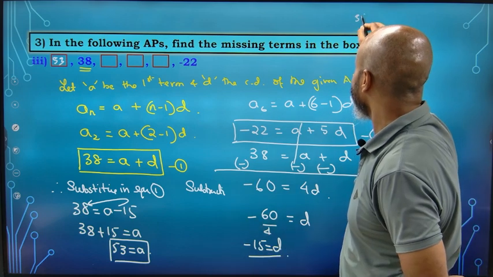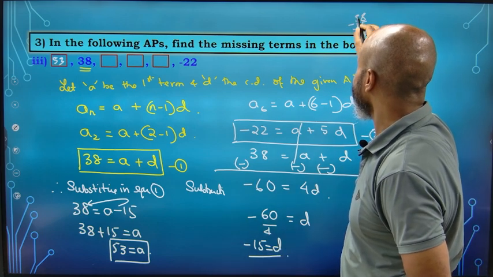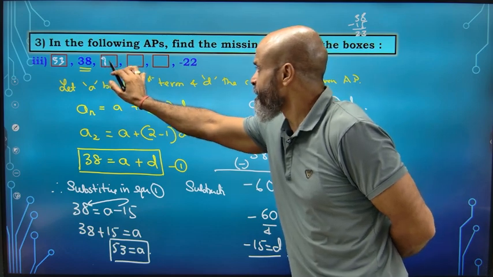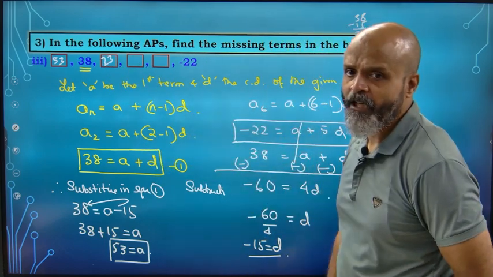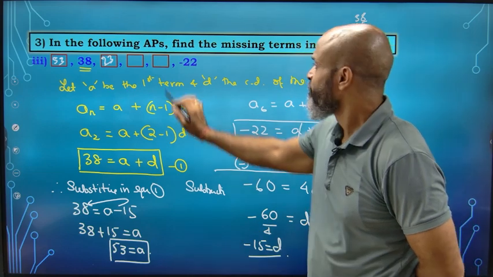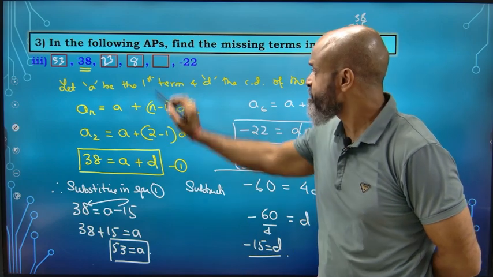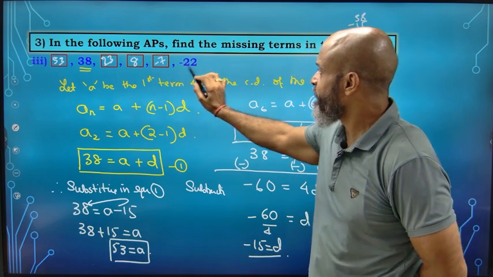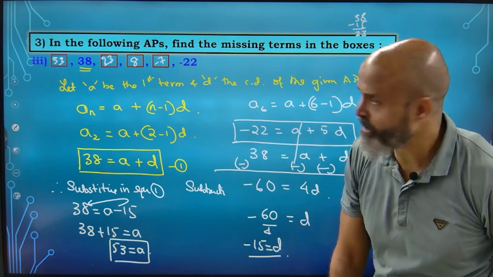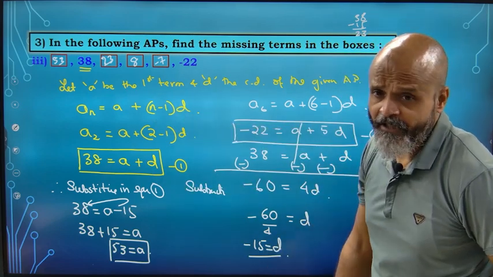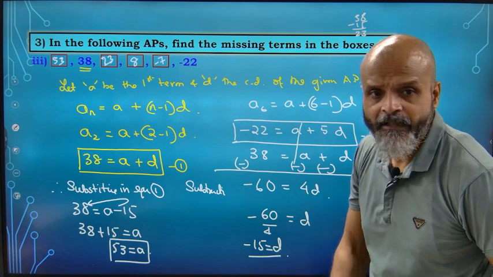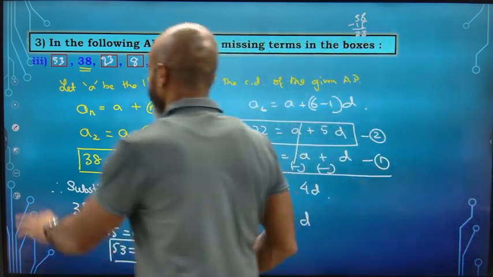So 38 minus 15, that's how much? 23. 23 minus 15, how much will this be? 8. 8 minus 15 will be how much? Minus 7. Minus 7 minus 15 will be minus 22. So these are the missing terms, 53, 23, 8 and minus 7. Are we clear on this one? Okay.